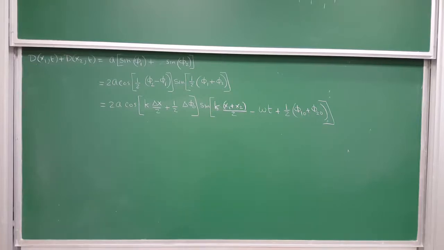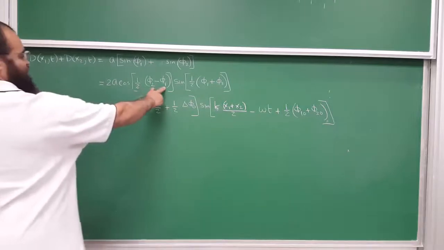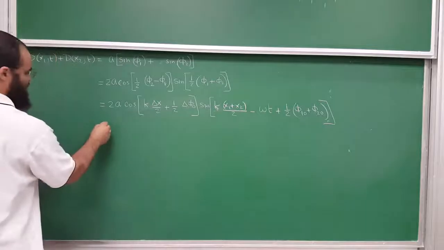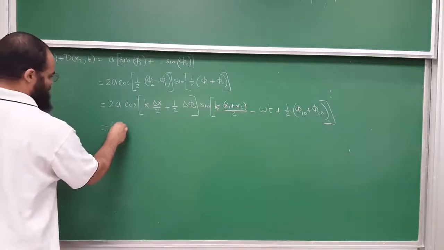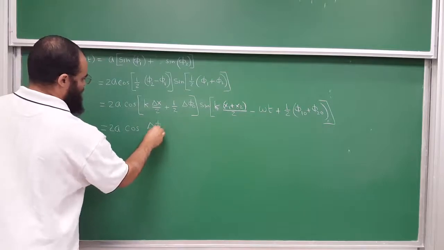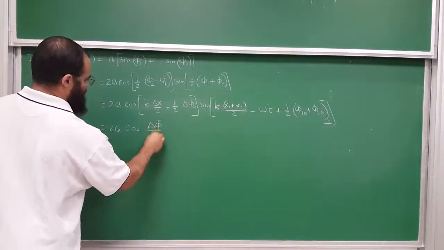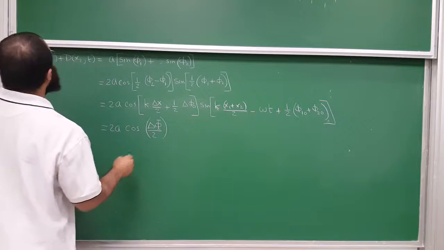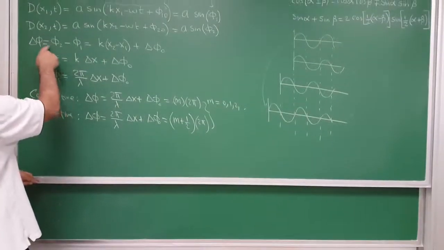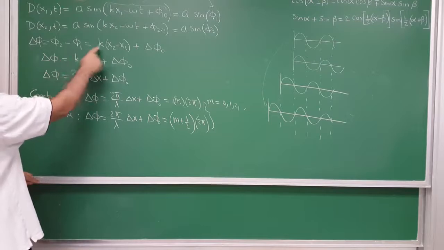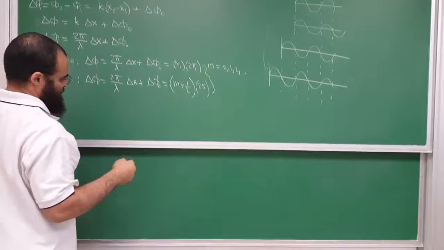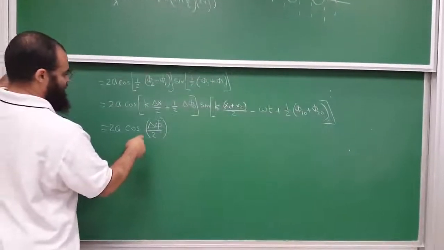This is phi 2 minus phi 1, the phase difference, so I would call it delta phi. So I have 2a times the cosine of delta phi over 2, and delta phi is this, phi 2 minus phi 1, over 2. You have the 1/2.